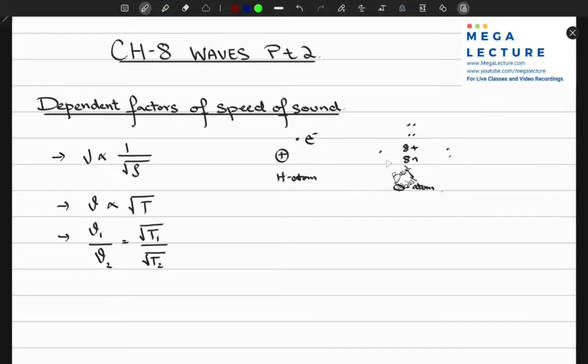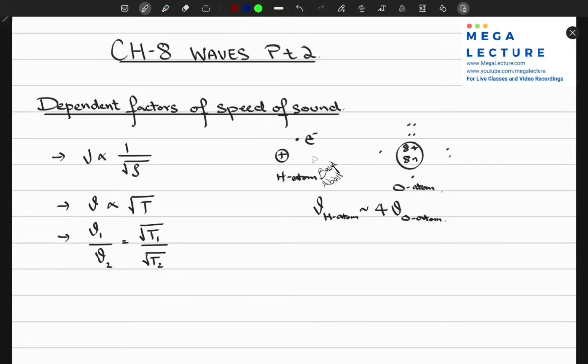If you compare these two atoms now, clearly the oxygen atom is more dense compared to the hydrogen atom, which means that the speed of sound in a hydrogen atom is approximately 4 times more than the speed of sound in the oxygen atom.